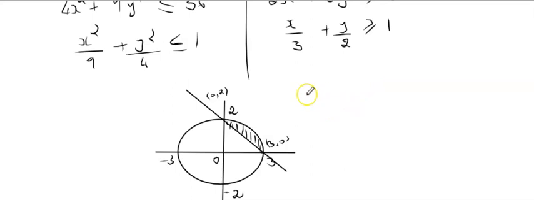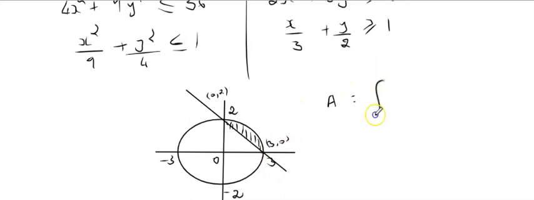Now the required area is going to be the integration of the shaded region, which is under the curve. So it is going to be the elliptical curve minus the straight line. It is bounded between the elliptical curve and the straight line. That is the region we have to find.